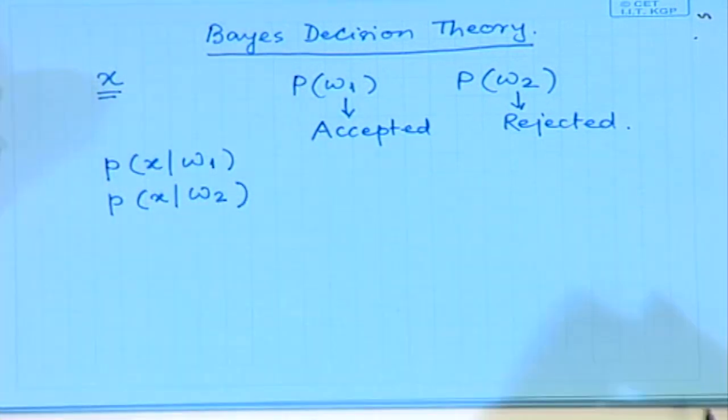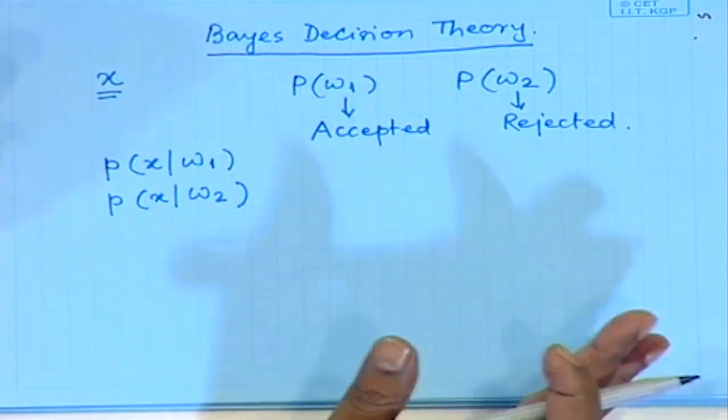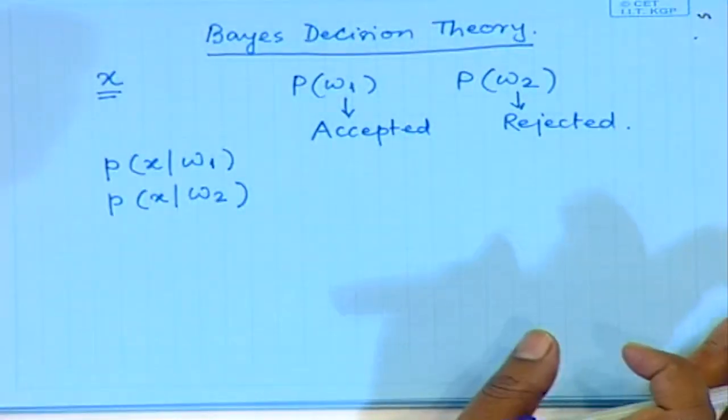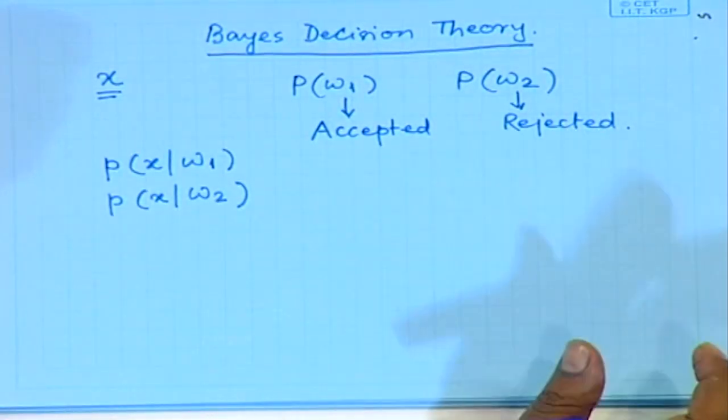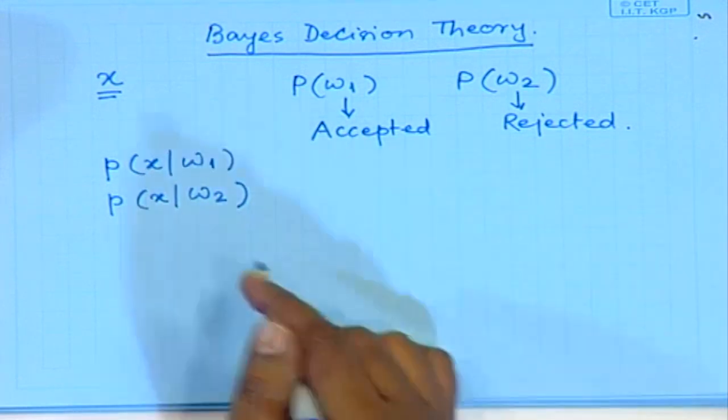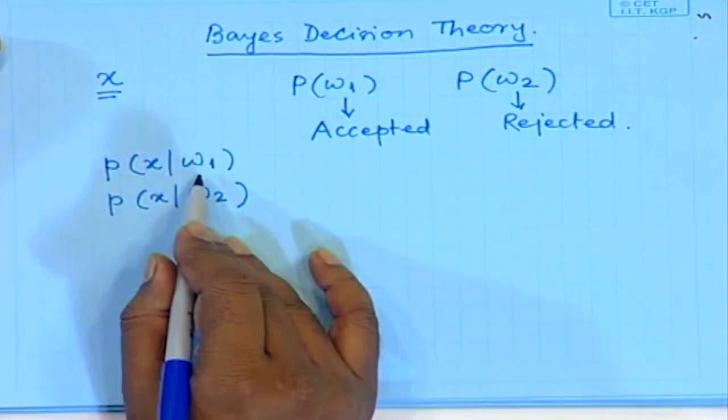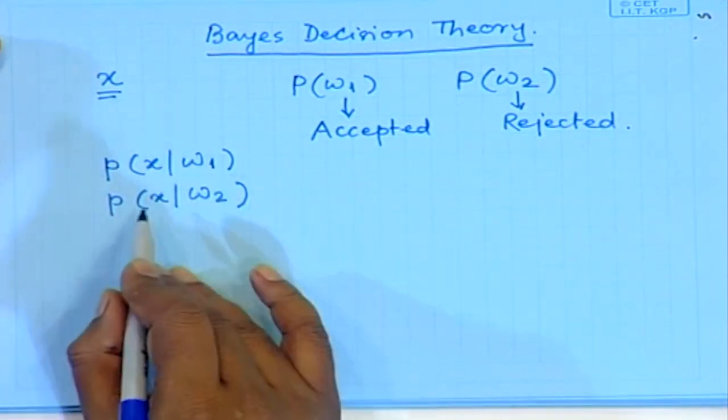These two class conditional probability density functions we have to estimate based on the measurements of x for objects which are known to belong to class omega 1, and the measurements of x from objects which are known to belong to class omega 2.